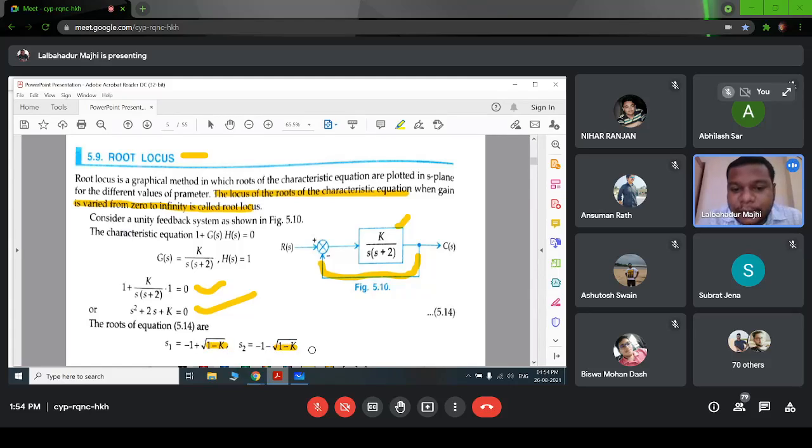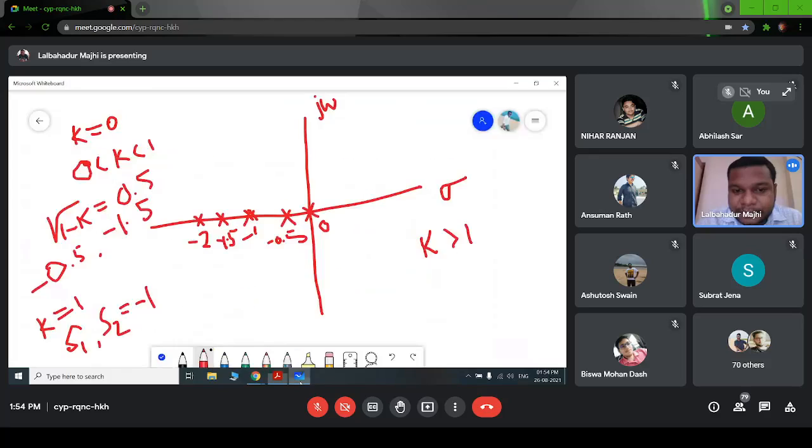So we'll get a complex conjugate pair of poles with the real part at minus 1. So the real part is minus 1 and complex conjugate means we'll get our 2 poles at this point for k greater than 1. Clear? Up to this clear?